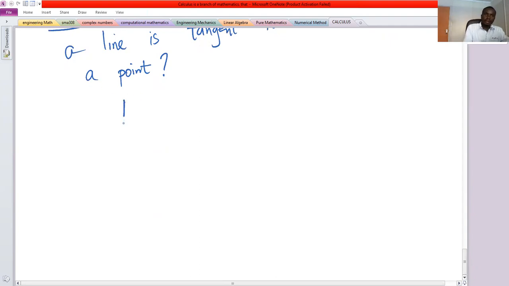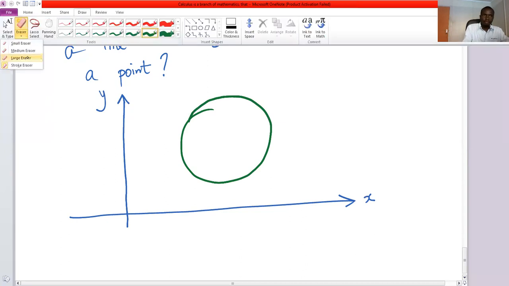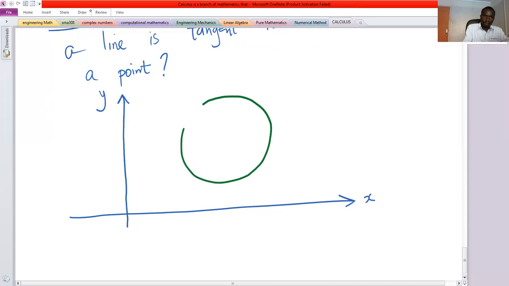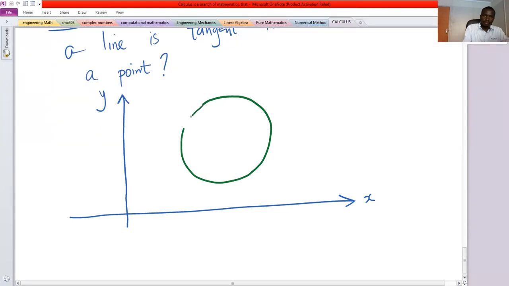Now, if you consider this circle, this graph, this x, then this is y. If I have an arbitrary circle, so this is a circle.